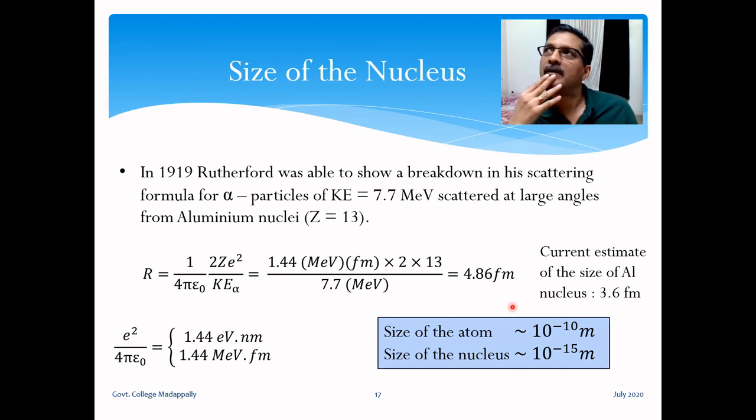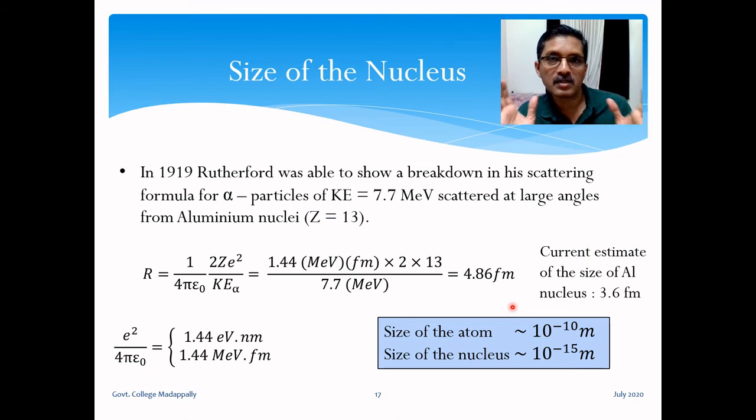You consider a stadium which is some 10 times bigger than a typical Olympic stadium, a very big stadium whose radius is of the order of 1 kilometer. If an atom is such a stadium, a nucleus is a small fly of dimension 1 centimeter at the center of that stadium. So that is the vast difference between size of an atom and size of the nucleus. And the rest of the atom is simply empty space. Most of the atom is empty space.